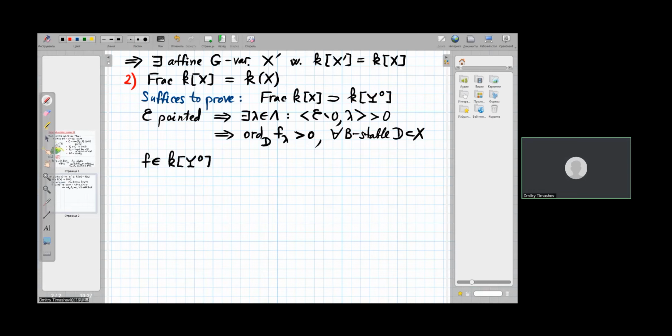Since this function is regular on the open B orbit, its divisor of poles is B-stable. It is on the boundary of the open B orbit. Therefore, by multiplying f with a sufficiently big power of f lambda, we can kill the poles of f. So we can obtain that this function is already regular, has no poles, for sufficiently big d.